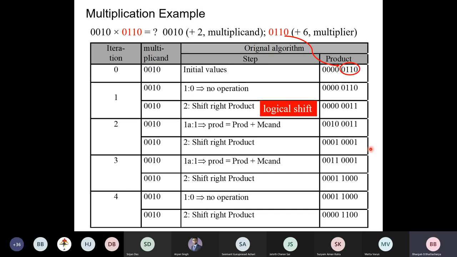You iterate this, and it is implemented with the hardware shown earlier. Finally, when the process is over, after 4 cycles of iteration, the result is obtained in the product register, and you can verify this is indeed true. This is plus 12.